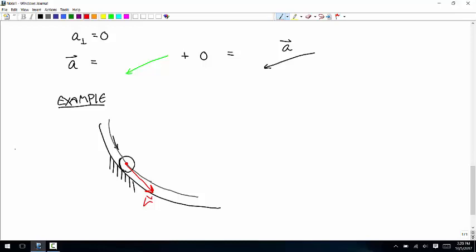Would this ball be speeding up or slowing down? Speeding up. So is the parallel part of the acceleration in the same or opposite direction of the velocity? Same, so I'll put that here. It's parallel to the velocity. So that's A parallel.